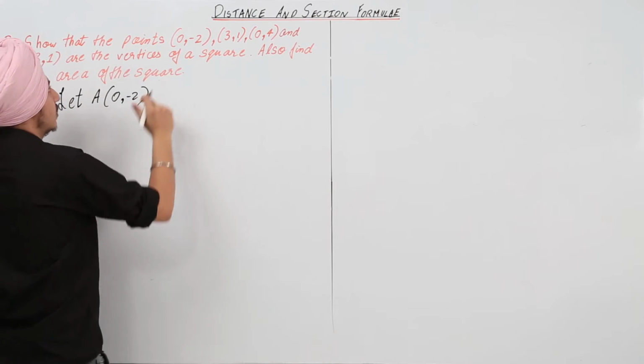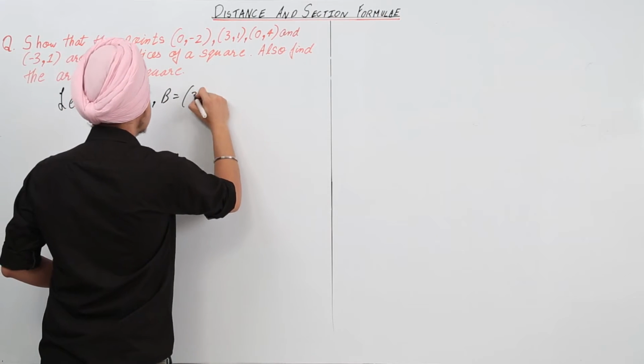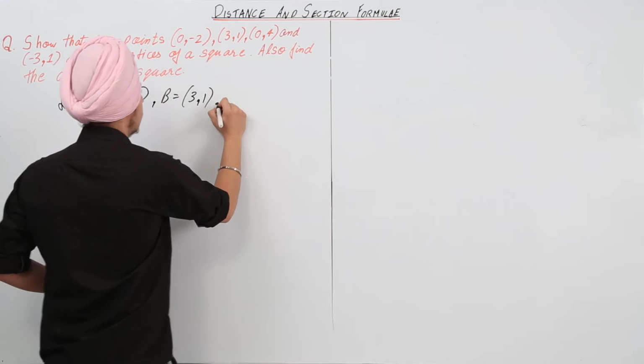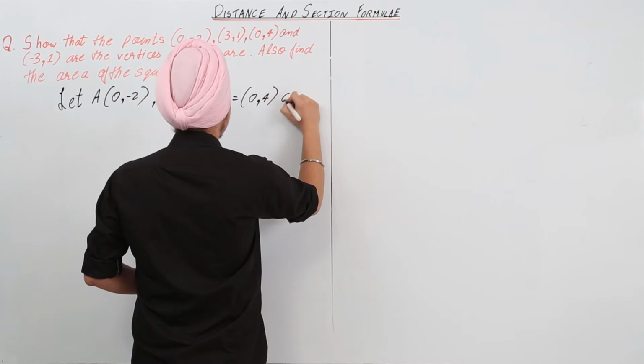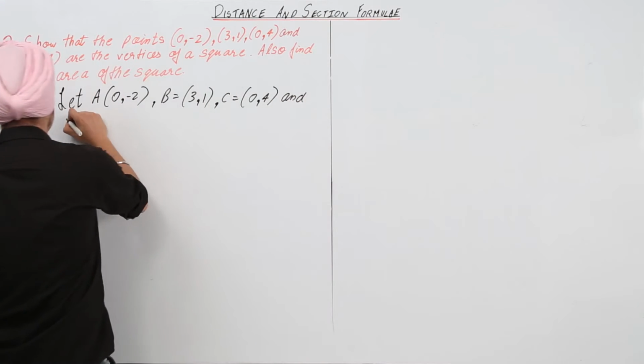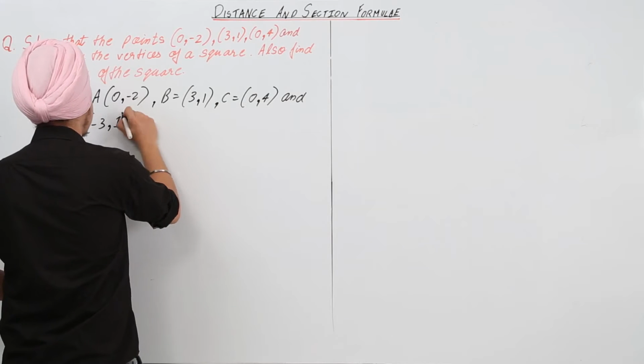Let A equal (0, -2), B equal (3, 1), C equal (0, 4) and D equal (-3, 1).